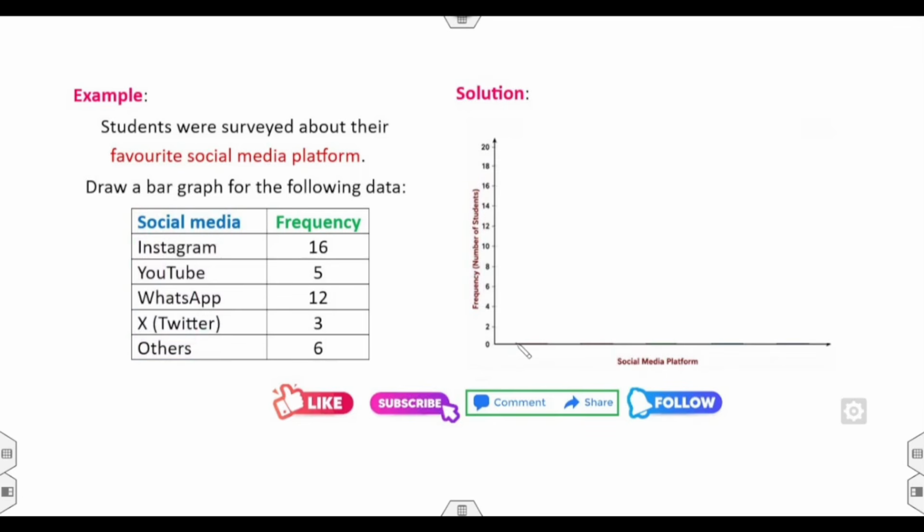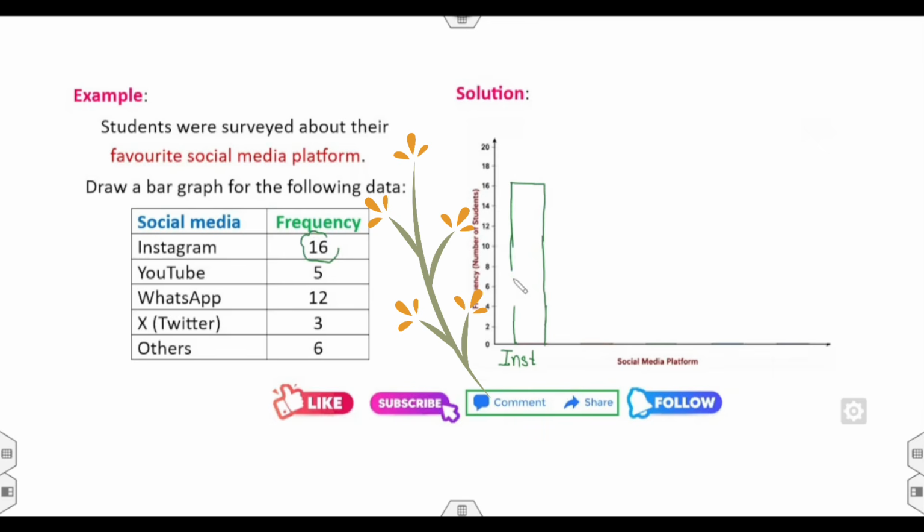Now the two properties, the width of each. The first one is the Instagram. If I write the Instagram, y-axis is my frequency, that is my 16. So that is my first bar, rectangular of the Instagram. Now whatever this width is, the same width for the second, that is YouTube, which is my 5.